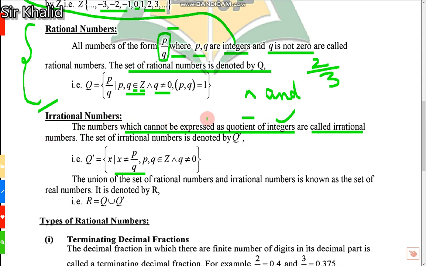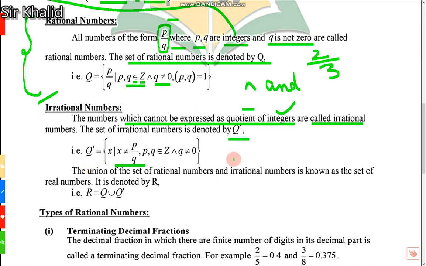The set of irrational numbers is denoted by Q dash, and in set builder form, Q dash is equal to x such that x is not equal to P over Q, P and Q belong to Z, and Q is not equal to 0.